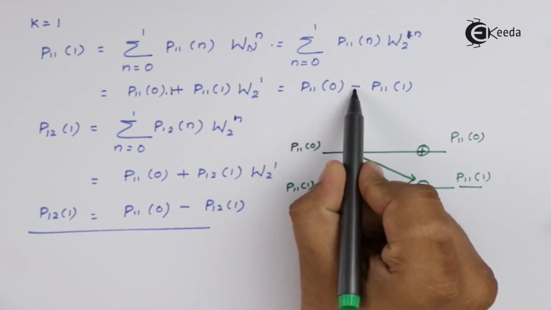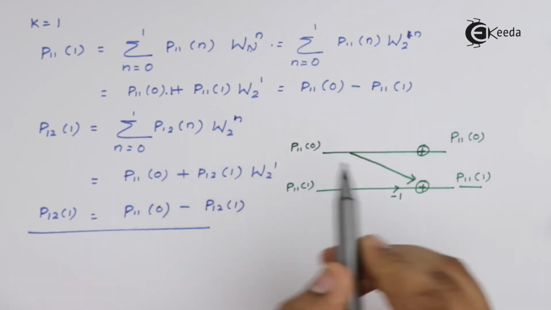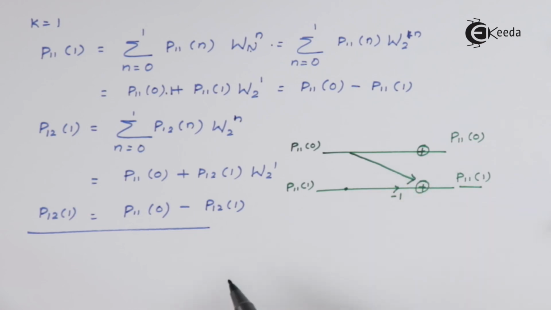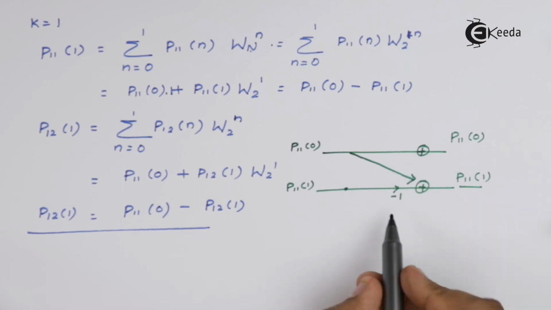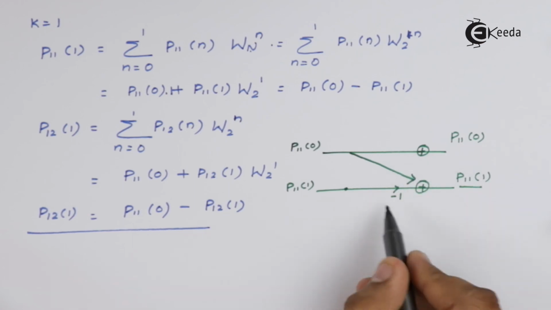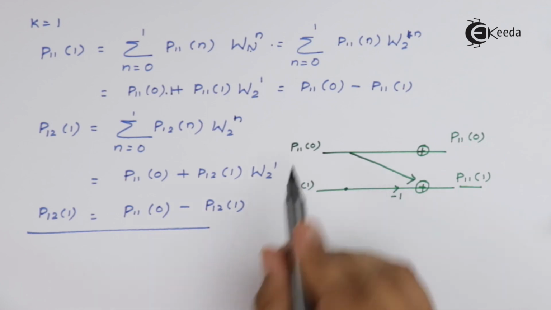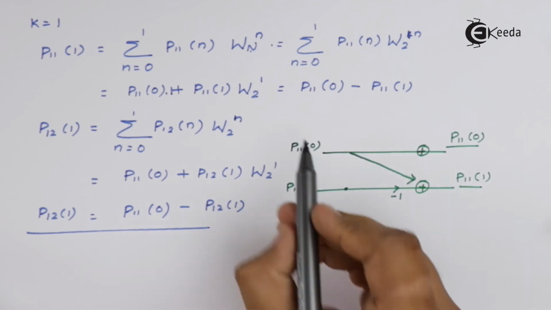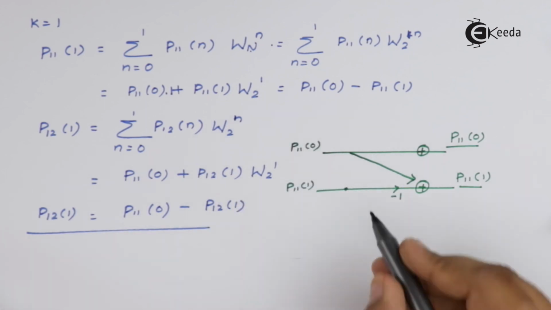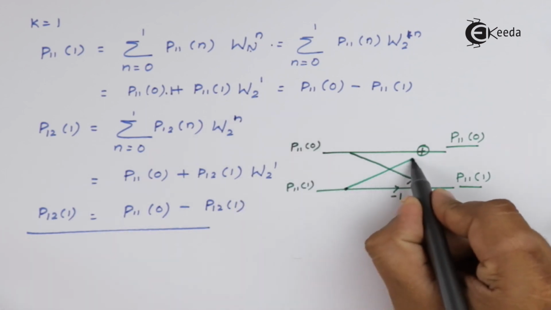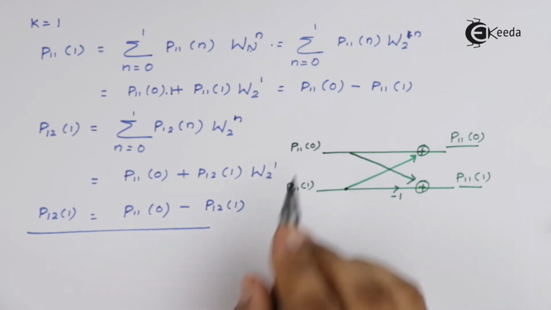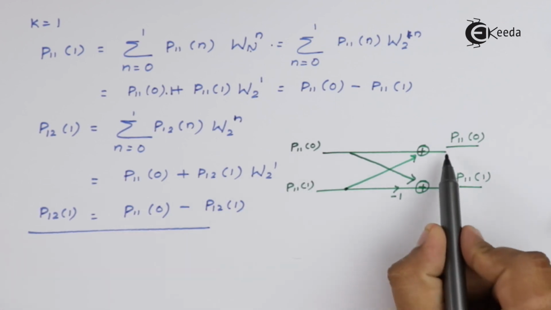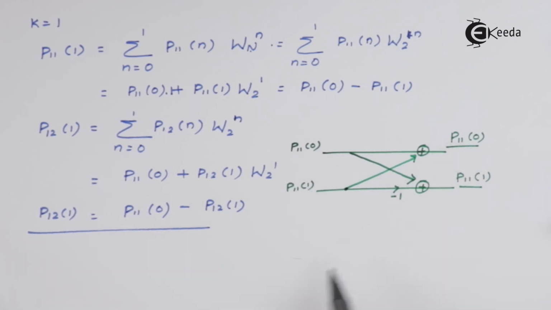We have to subtract P11 of 1 from P11 of 0, but at the end we place the adder sign. So what we are going to do, I will multiply minus sign with P11 of 1, so automatically this value is subtracted from P11 of 0. Now how to calculate P11 of 0? Basically it is simply the addition between these two. So I will take one line and I will connect to this adder line which is connected to P11 of 0. So automatically you will get the value of P11 of 0 and P11 of 1.